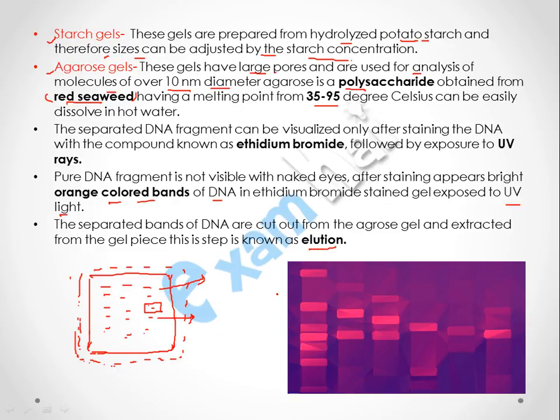And this is the image of an agarose gel in which you can see the DNA bands have been separated, and it is not actually visible with the eyes. With the exposure of UV light and the staining of ethidium bromide, you can see the orange colored bands present in this.